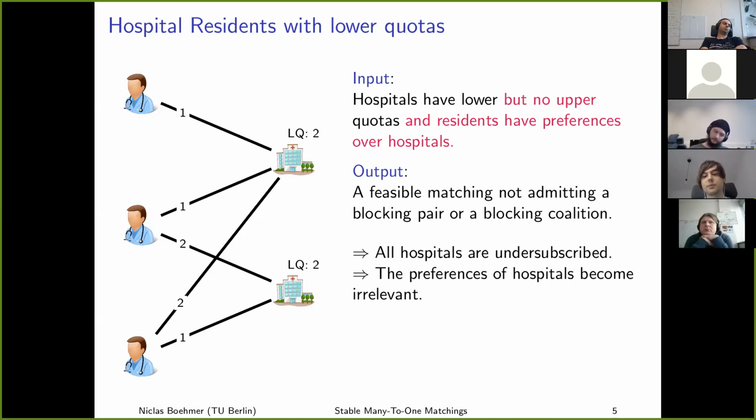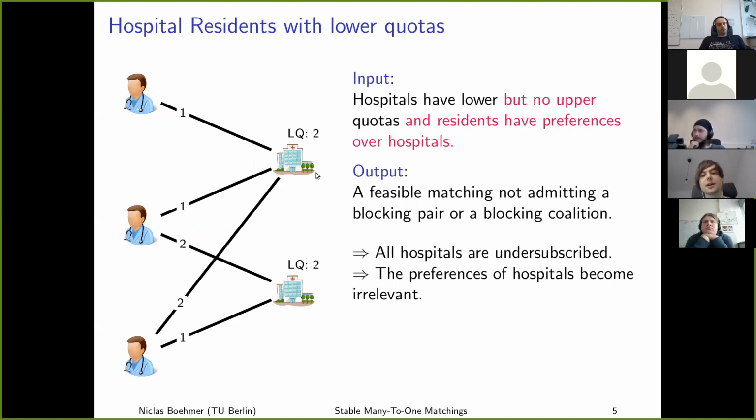They don't matter for a blocking pair, because an open hospital is now always willing to be part of a blocking pair, since the hospital is always undersubscribed and always willing to accommodate more and more students. And this means that the preferences just don't matter here anymore, so we can simply omit them. So we arrive at a situation where only the residents have preferences over hospitals, and the hospitals have a lower quota but no upper quota.